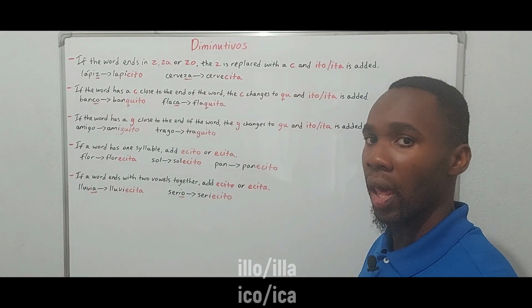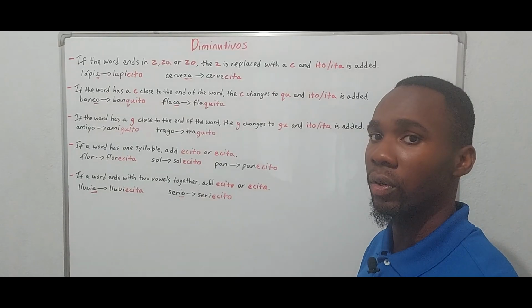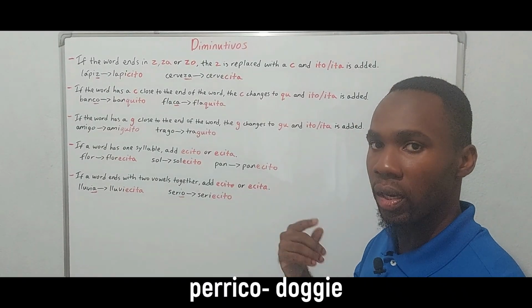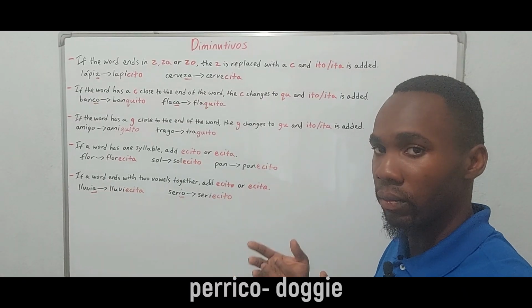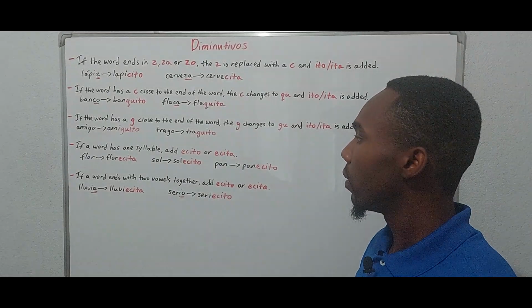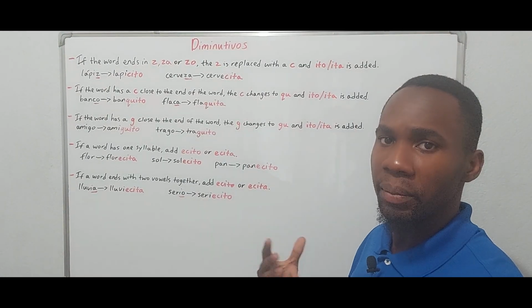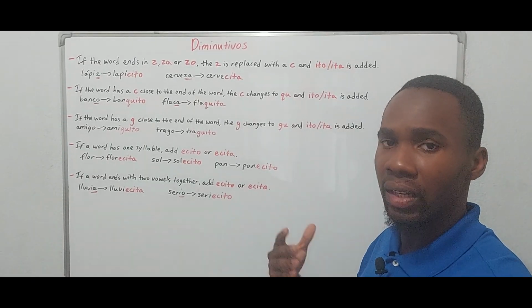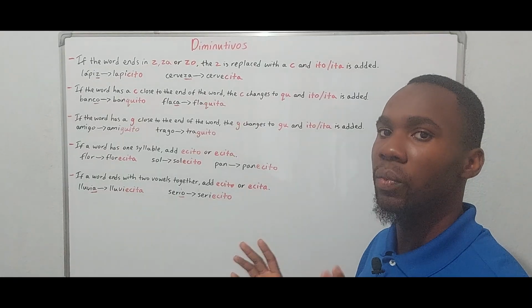So instead of saying perrito, in some parts of the Spanish-speaking world, perrico is used, like doggy. And there are also diminutives that can be used in a derogatory way, but we will not get into those today, okay?